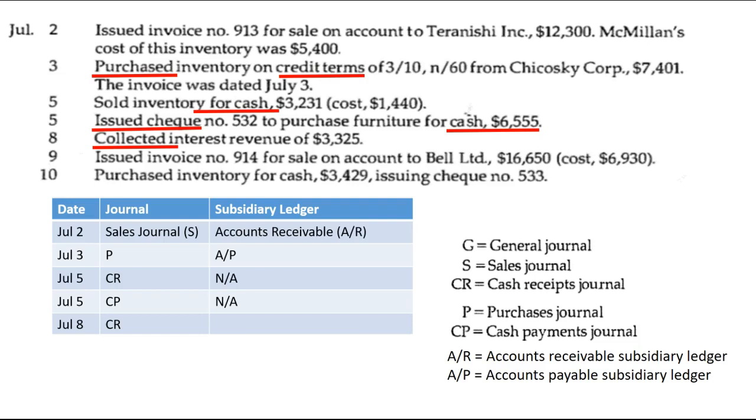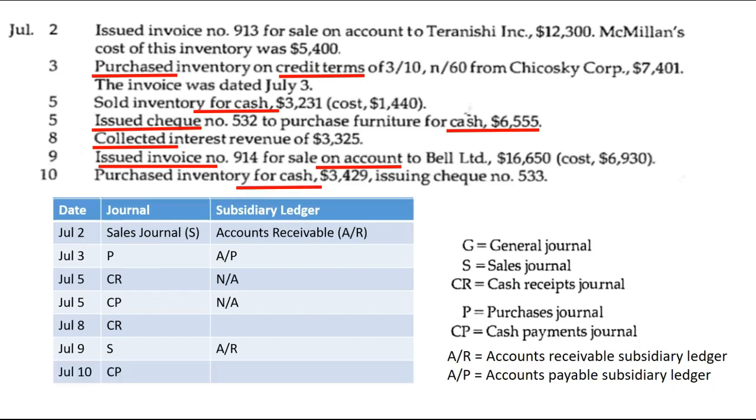So it's going to be a sale on account, which means it's going to be the sales journal and accounts receivable subsidiary ledger. And then on D, they purchased inventory for cash for $3,429, issuing a check, but again, it's a purchase and it's cash. So it's going to be your cash payments journal.